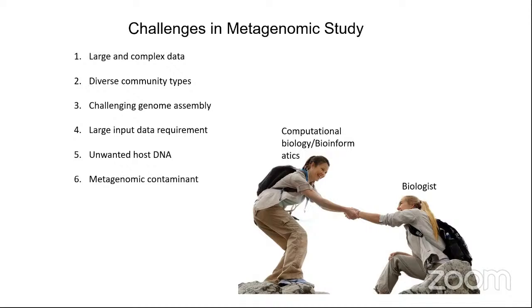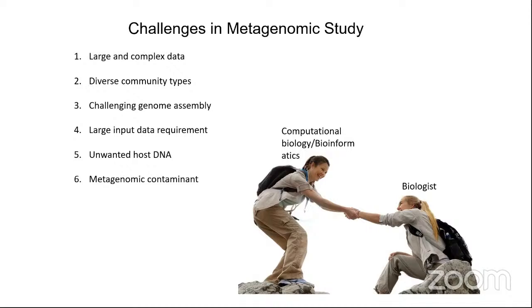The next one is unwanted host DNA. I have explained in my previous talk how host DNA can be present. If you are isolating samples from anatomical locations of humans, the sample will be preoccupied, sometimes overwhelmed, by the amount of host DNA material. While doing a community analysis, you will find it very hard to assemble or get a complete idea of the genetic data present in that sample.